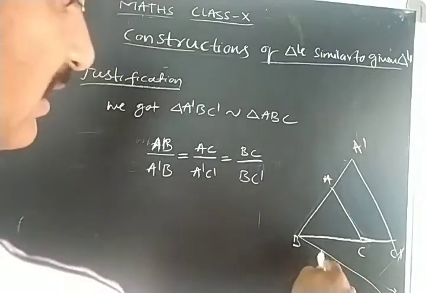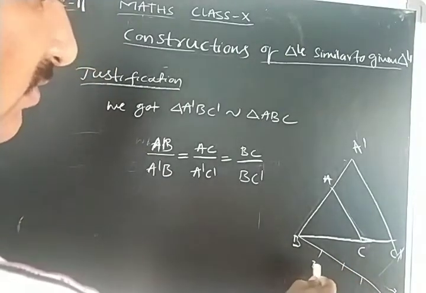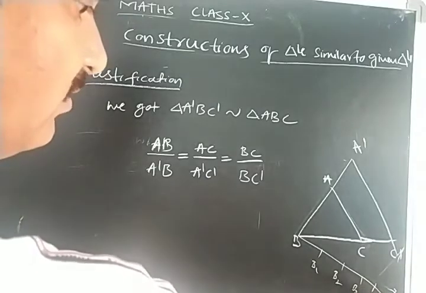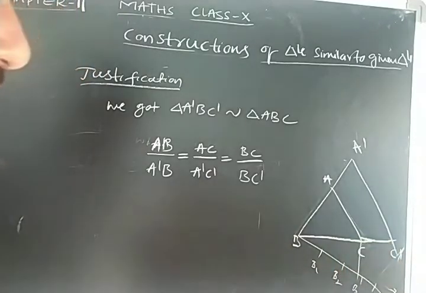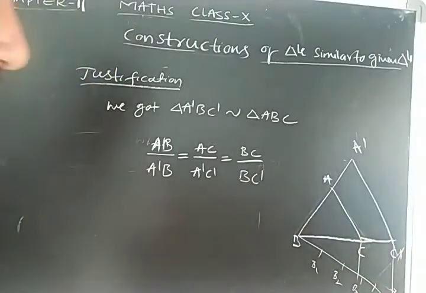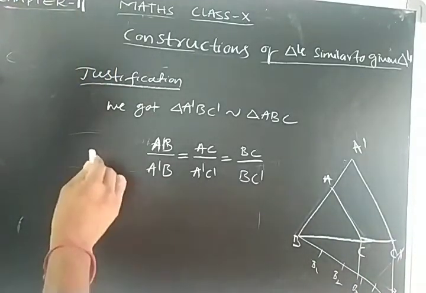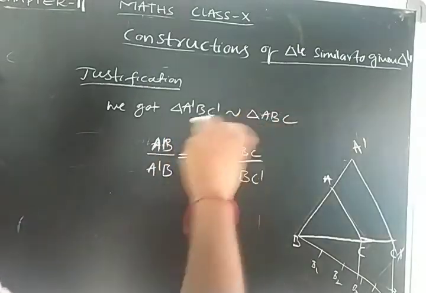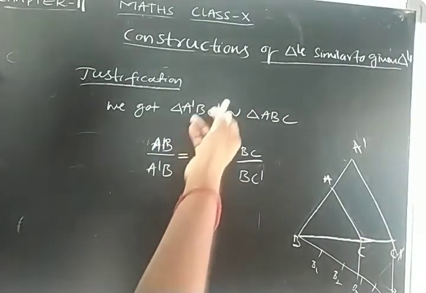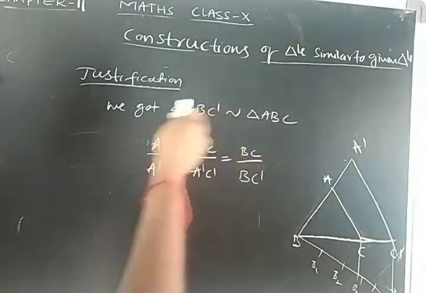And we have here 5 points: B1, B2, B3, B4, B5. So we join C with B3 and C dash with B5. When triangles are similar, sides are in the same ratio. From that similarity we got this equality.